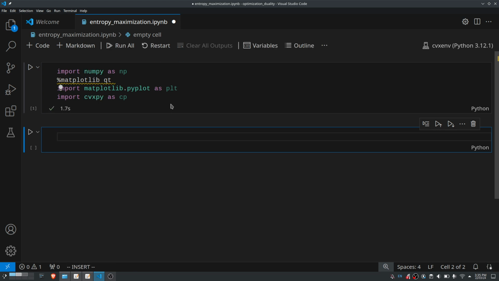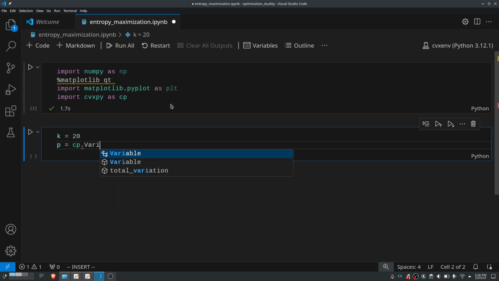Let's fix the alphabet size k equal to, say, 20. Okay. First, I need to define a variable. So p equal to a variable of size k.